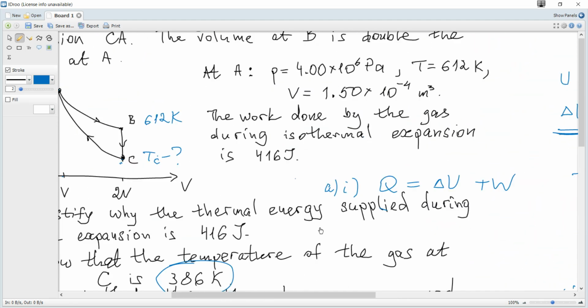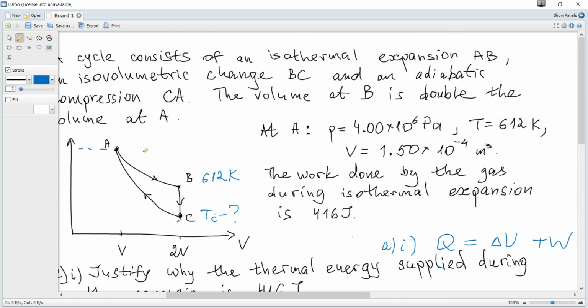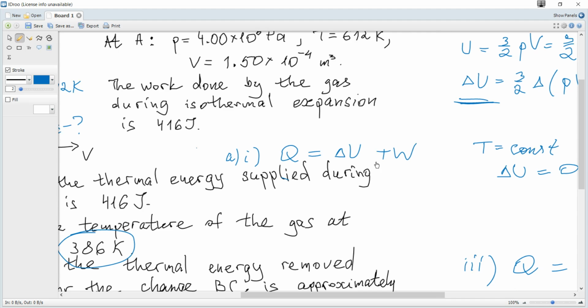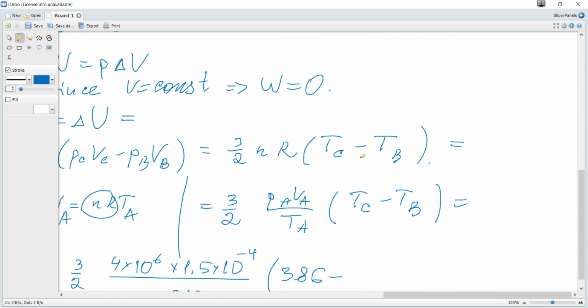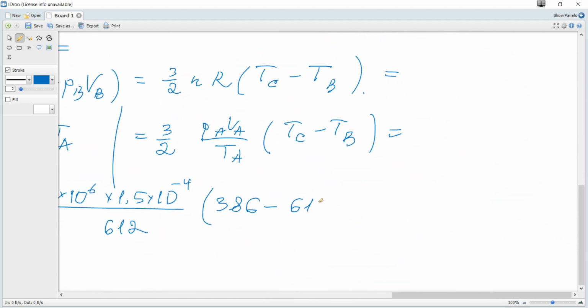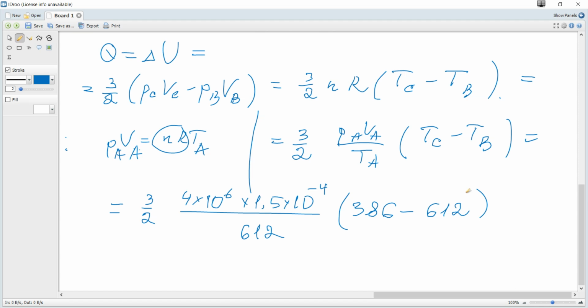Since it's isothermal, temperature at B is also 612 kelvins. You can see it becomes negative, which is why internal energy decreases, hence energy is removed from the gas. Calculating, it equals negative 332 joules.